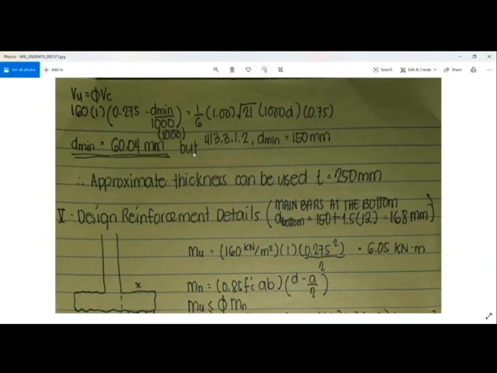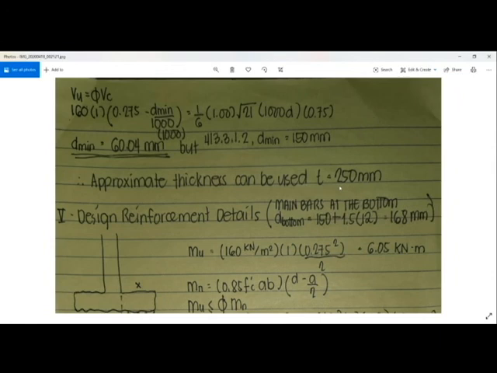But the minimum effective depth is equal to 150 millimeter. So therefore, what we assumed earlier in the case of the wall footing is correct. It's usable, we can use 250 millimeter thickness.